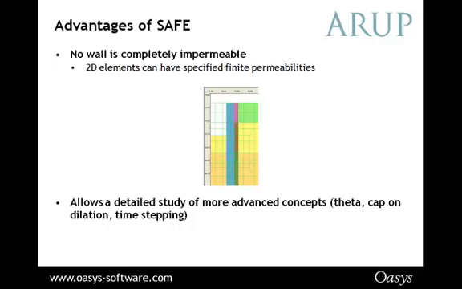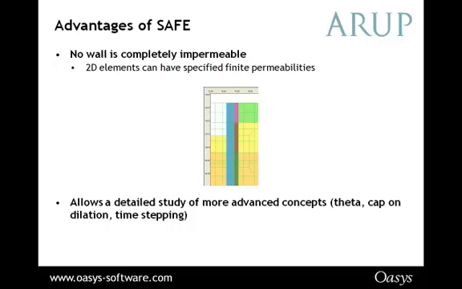So we could look at theta, we could look at the capital dilation, we could look at time stepping. And we also found SAFE used an iterative method to solve coupled consolidation analysis. So this iterative method made the analysis slightly longer, but there was a much bigger advantage on the flip side in that it can actually accommodate nonlinear features.